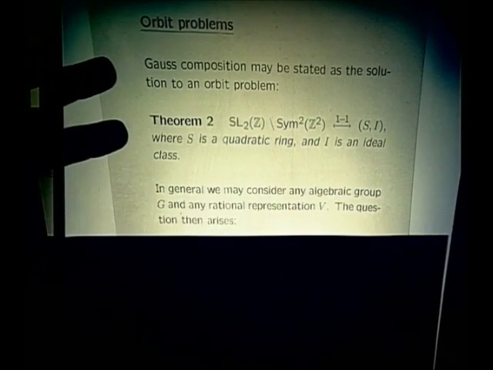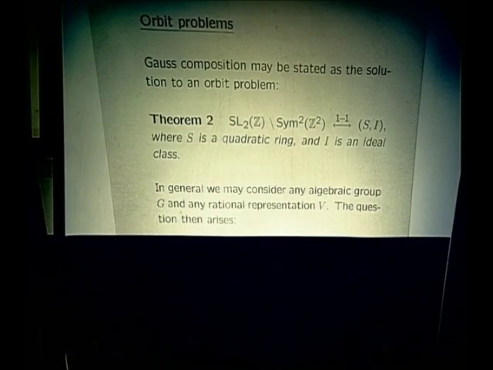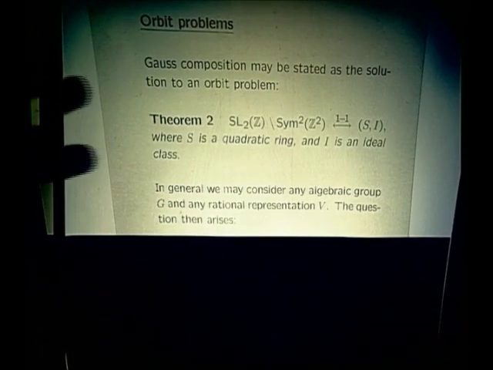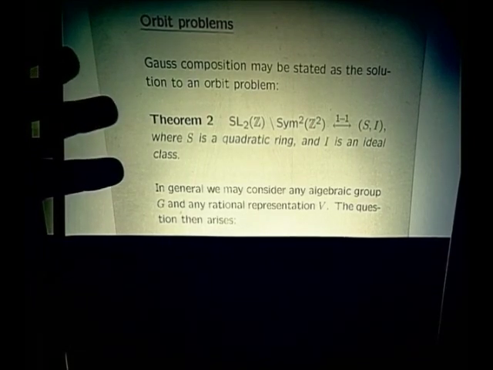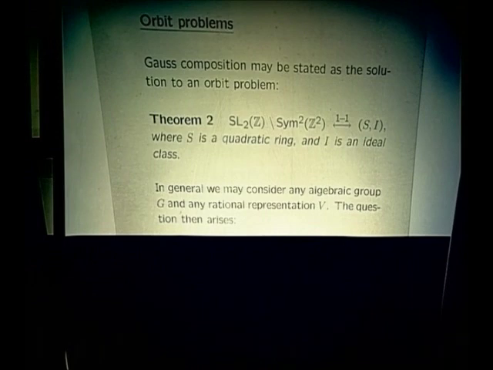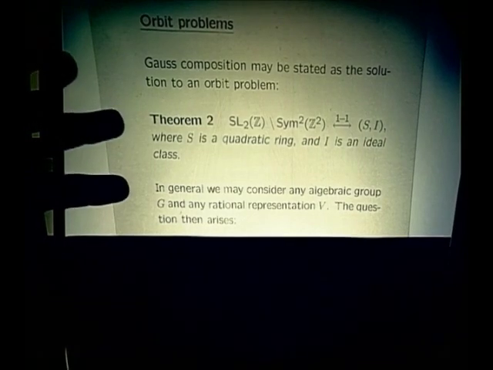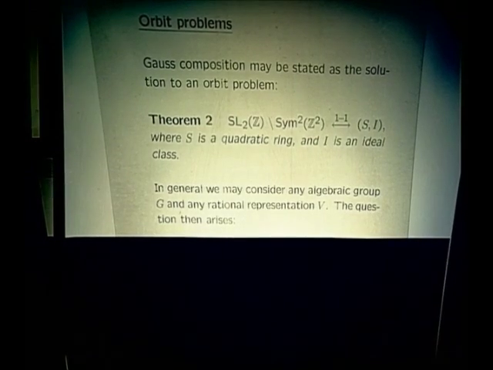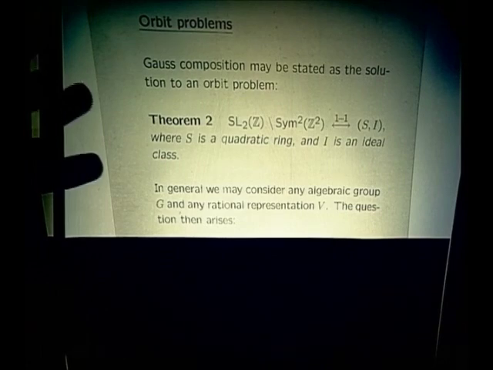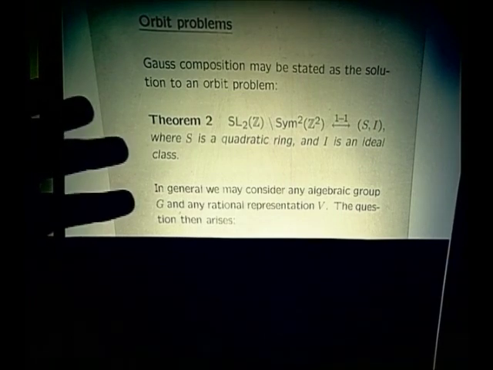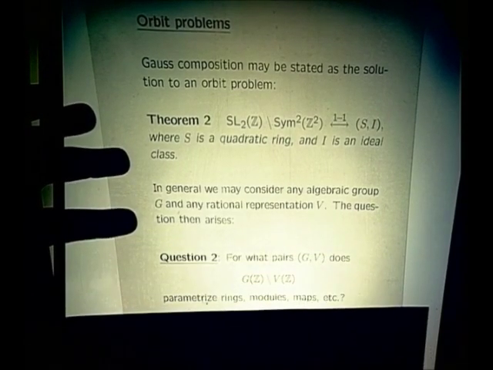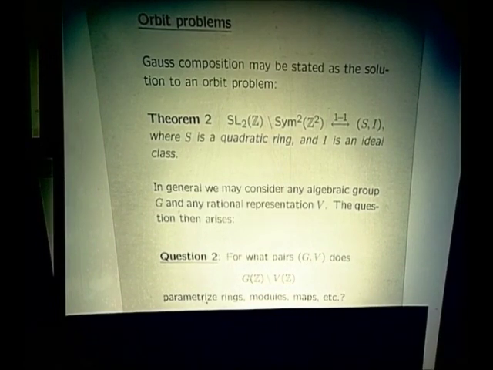So in general, we could consider any algebraic group G defined over the rational numbers or over the integers, and any rational representation V of that algebraic group. And we want both of these to be defined over the integers so that we can talk about the lattice of integer points in V being acted on by the integer elements of G. And we can ask the same question that Gauss solved for binary quadratic forms in SL2.